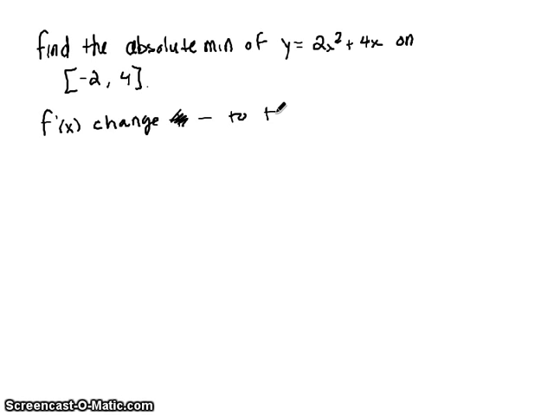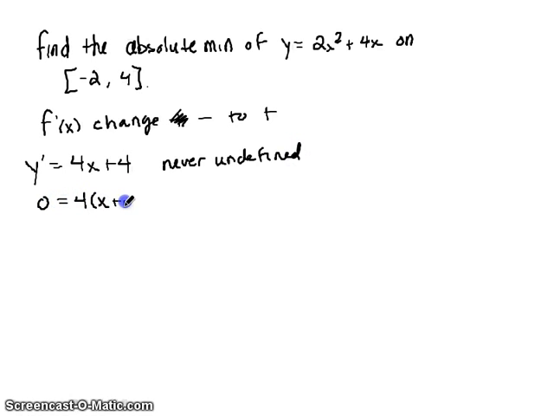Our first derivative is 4x plus 4. So that's never going to be undefined. We just need to worry about when this thing is equal to 0. I'm going to go ahead and factor out a 4. So that equals 0 when x equals -1.